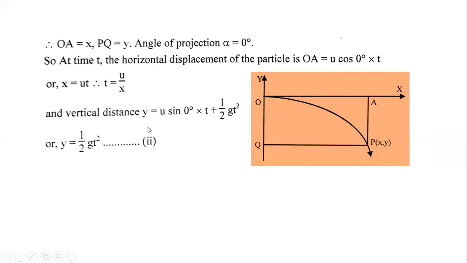And the vertical distance y equals u sine 0 degree into t plus half g t square. But you know, sine 0 degree equals 0. So here the vertical distance y equals half g t square. This is equation number 2.